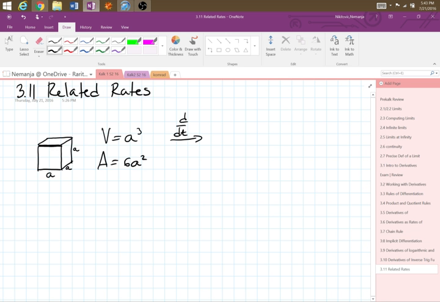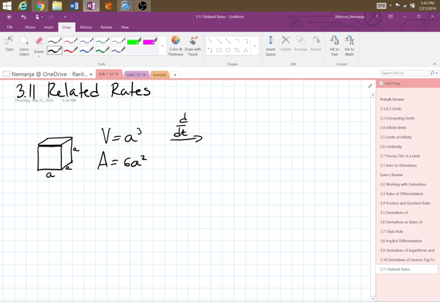And this is where you immediately realize that the variables that we have do not match, which means a whole bunch of chain rules are going to come into the game. Volume is the variable V, a is the length of the side of the cube, and then t is the time. So none of those match, which means that every time we take the derivative, chain rule is going to pop up. So what is the derivative of V with respect to t?